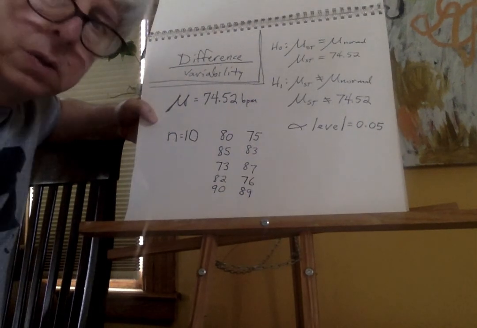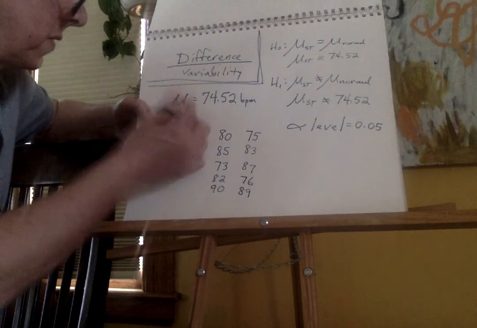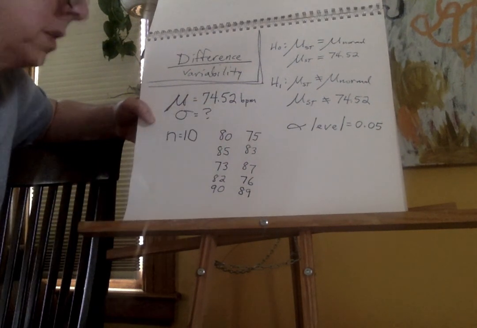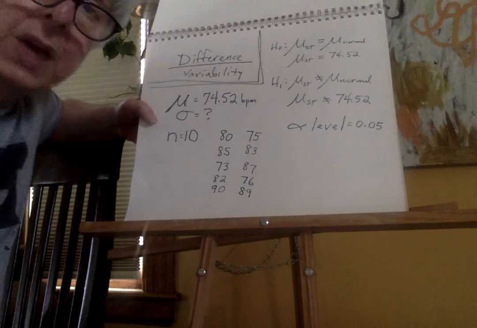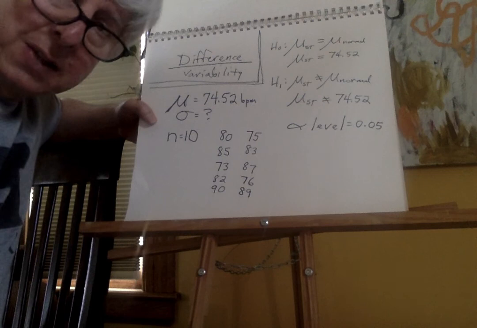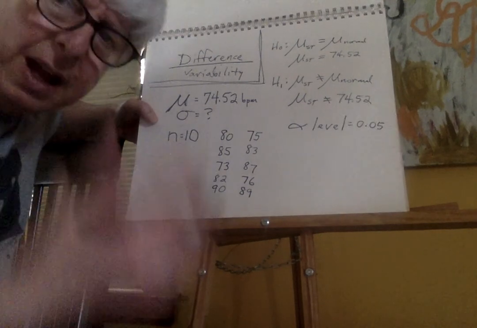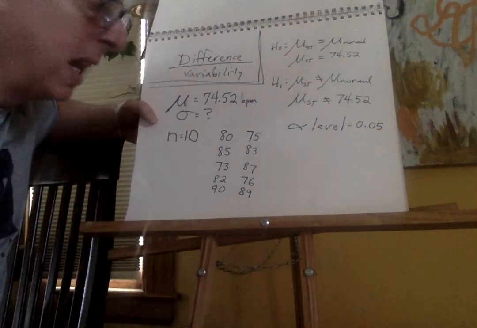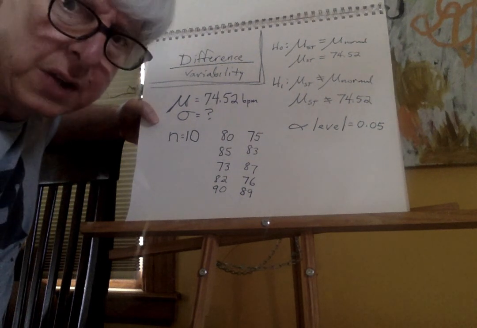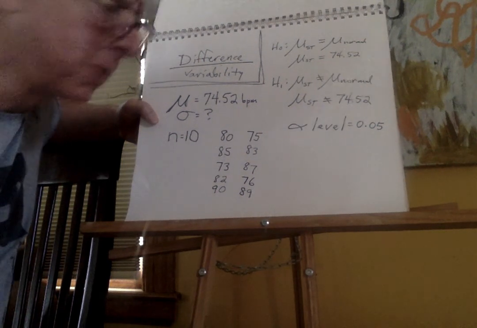You now know, I haven't given you sigma here. I have not given you any sigma. And so if we had sigma, this would be a z-score. This would be a z-test, okay? We don't have sigma, and so it ends up being a t-test. We're going to have to use a t-test to do our analysis.